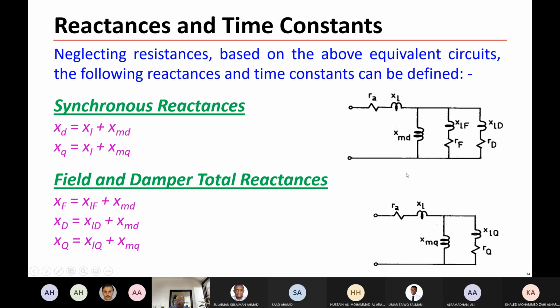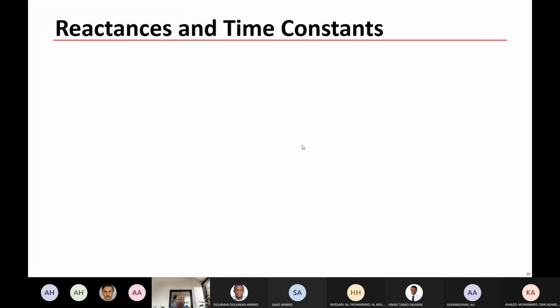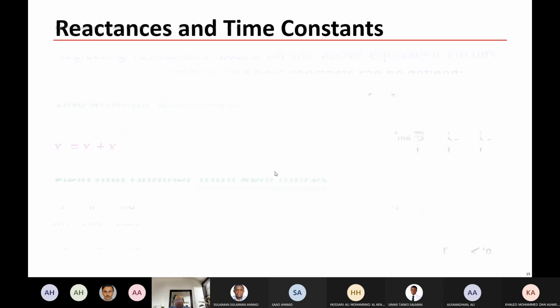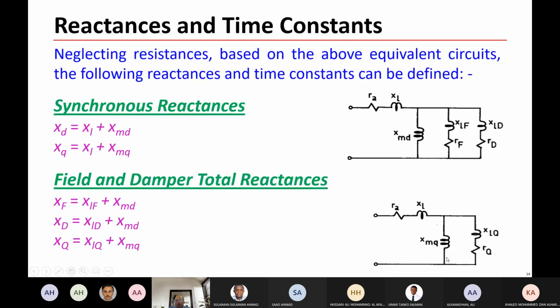Probably we need to copy this again, but anyway, XD prime equals XMD and XLF connected in parallel plus XL, so you can have it here as XL plus XLF and XMD in parallel. This is the equivalent.